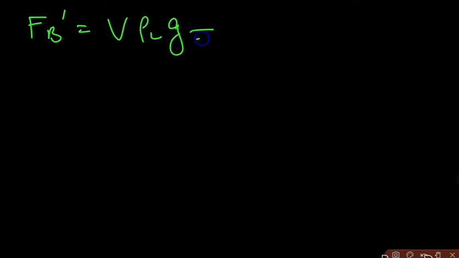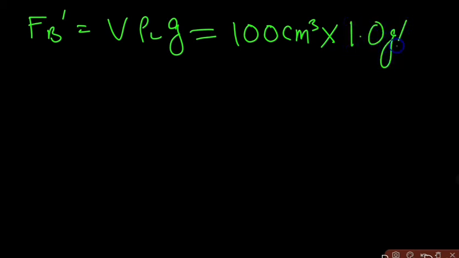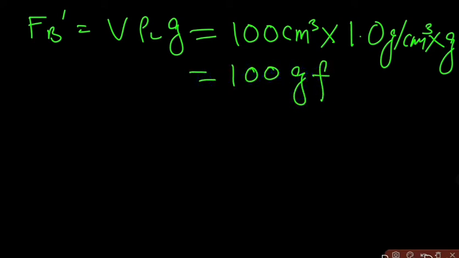Now the value of V is already given, which is 100 centimeter cube. The density value is also given, which is 1.0 gram per centimeter cube, and the last one is multiplied by g. So solving this we shall get 100 gram force. So the upthrust acting on the sphere A is 100 gram force.